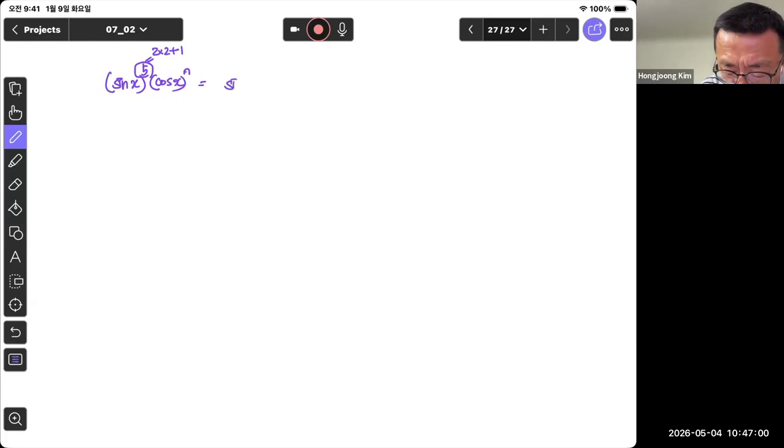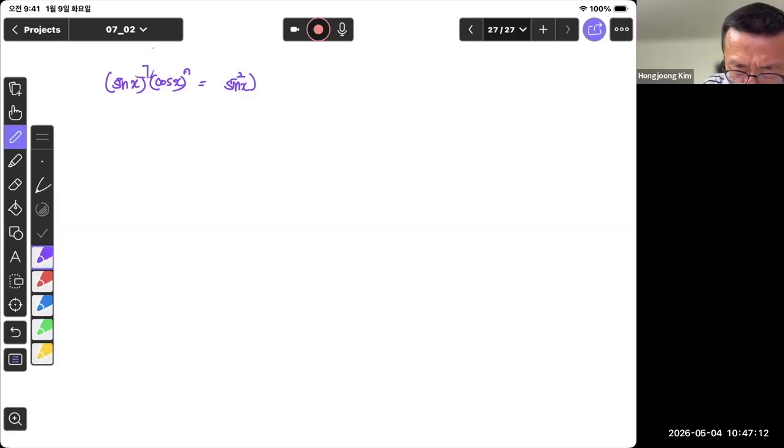Let me choose a different number so that you can easily remember. Say if I have the 7th power of sine, then this 7 is interpreted as 2 times 3 plus 1. Then this 2 goes to the power of sine inside the parenthesis. Outside the parenthesis, you put 3. One remaining sine will be located here in front of dx. And then you keep this cosine x to the n.